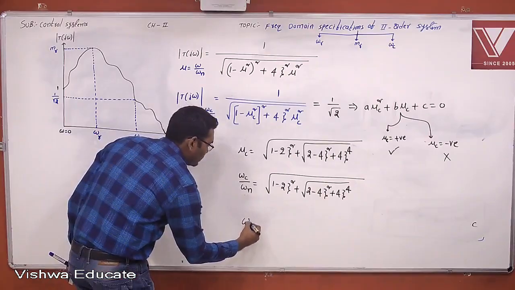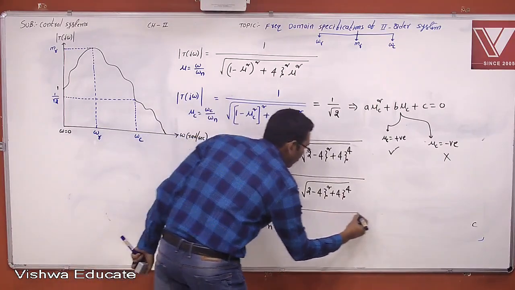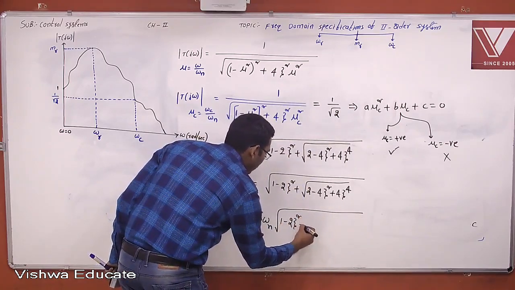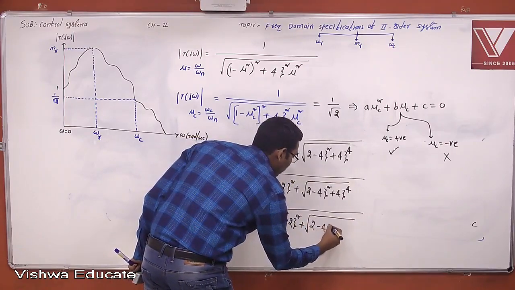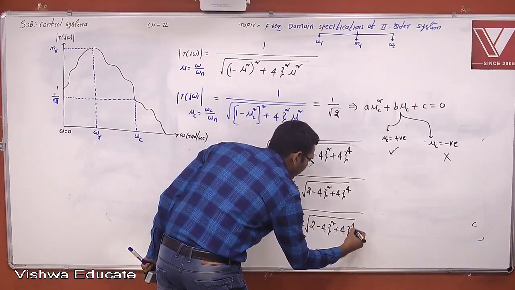Omega c is equal to omega n into square root of 1 minus 2 zeta square plus under root of 2 minus 4 zeta square plus 4 into zeta power 4.